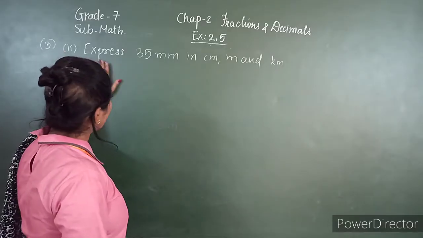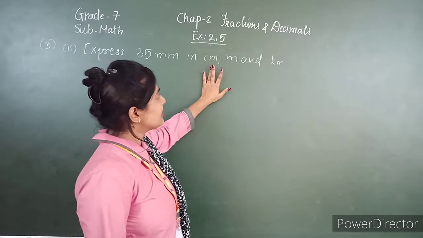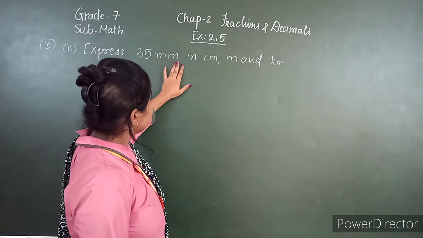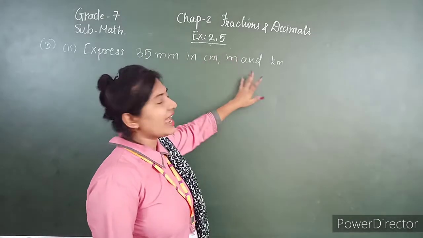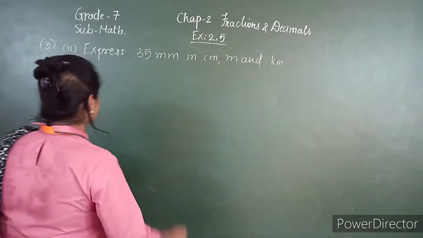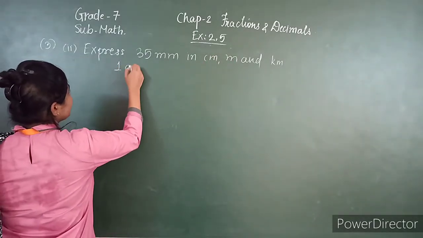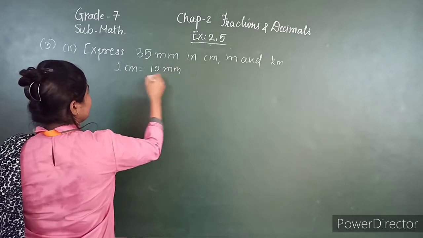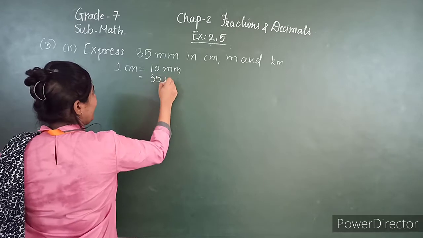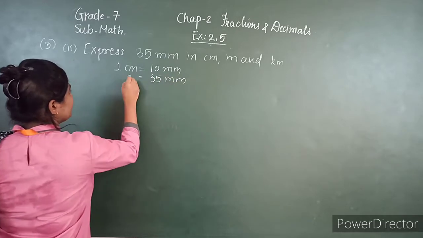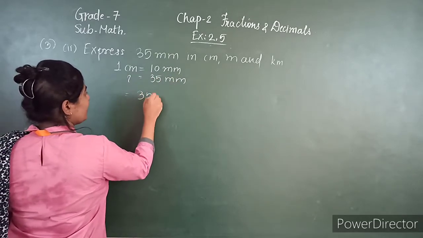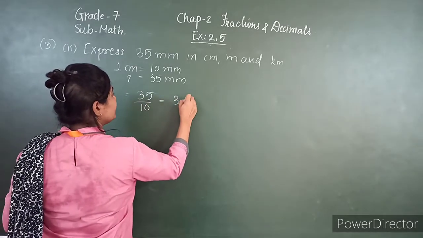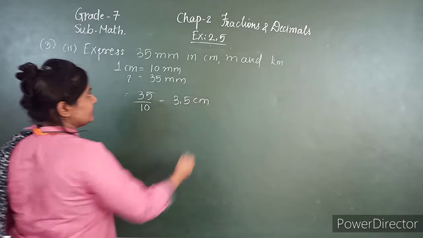Now second one, express 35 mm in centimeter, meter and kilometer. First of all we have to express this millimeter in centimeter, then meter and then in kilometer. So let's write the identity. 1 centimeter is equal to 10 mm. So 35 mm is equal to how much? So 35 upon 10. So it is 3.5 centimeter.